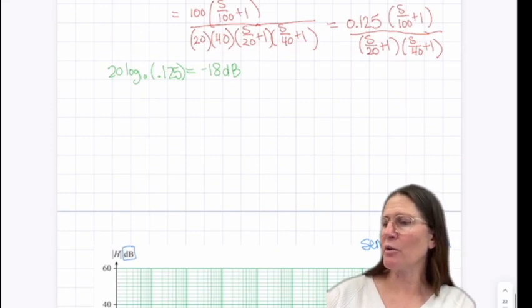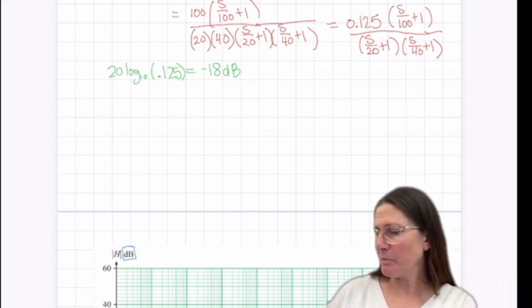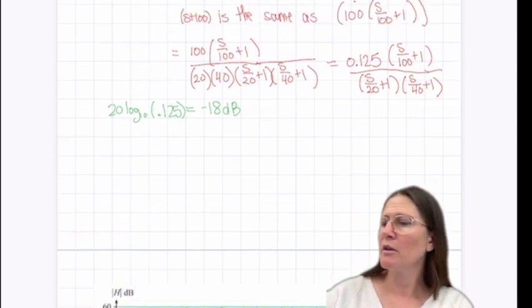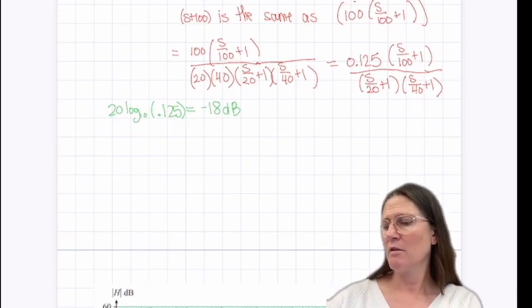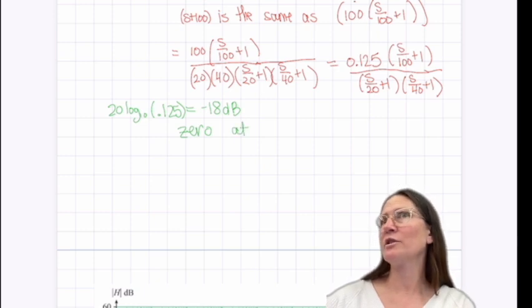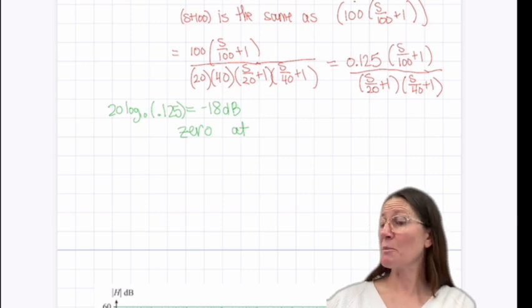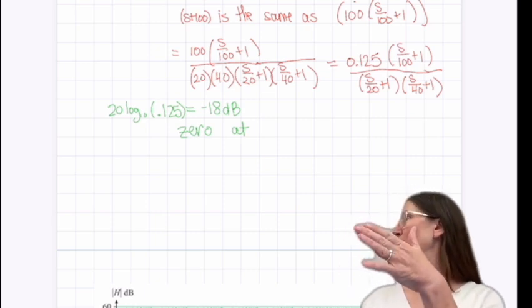So to graph this, I need to know where my other poles and zeros are. So what are my poles and zeros here? I have a zero at what frequency? Okay, it would be minus 100, but we only care about the 100 portion.